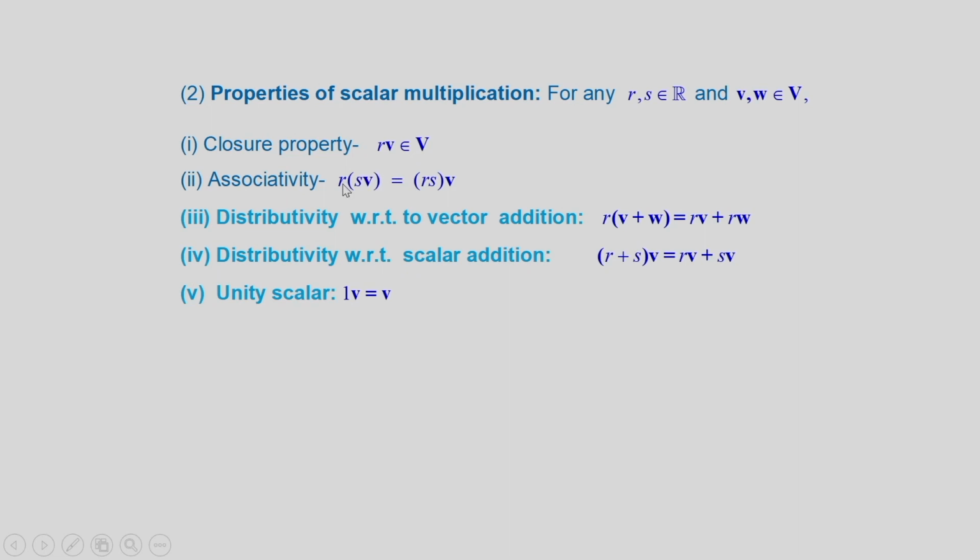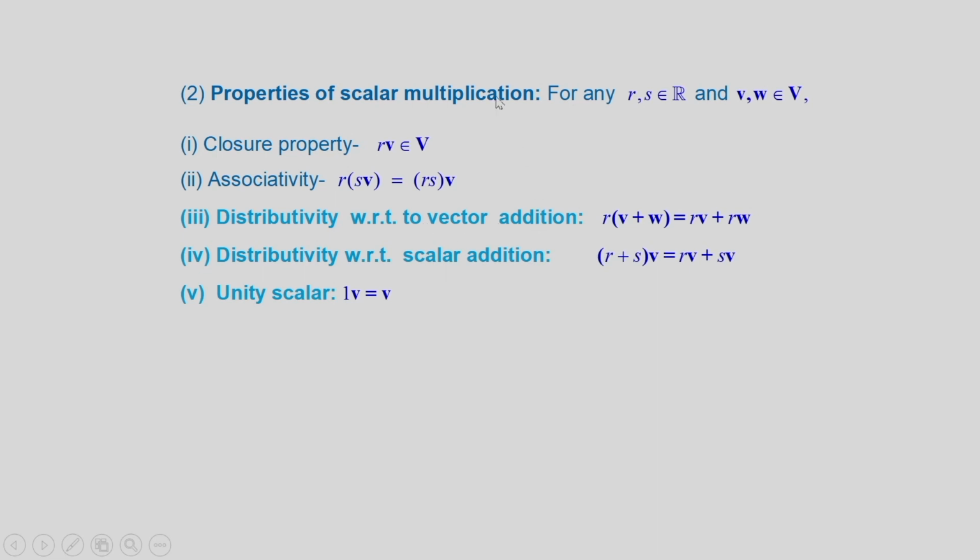Next, associativity: R into SV is equal to RS into V. So, first we can scale V by S, then scale SV by R. This is the same as scaling V by the factor RS.